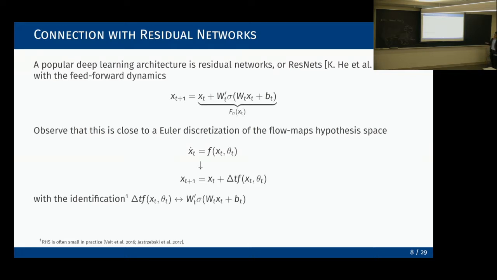The quick observation is that if you apply some Euler discretization to our flow-based hypothesis space, you will get something formally similar to a residual network, provided this term is small, so that you can put a delta t here. There is some experimental evidence to show that this is indeed the case for very deep networks. So this is just a quick remark saying that there's a connection between this and very good neural network architectures.